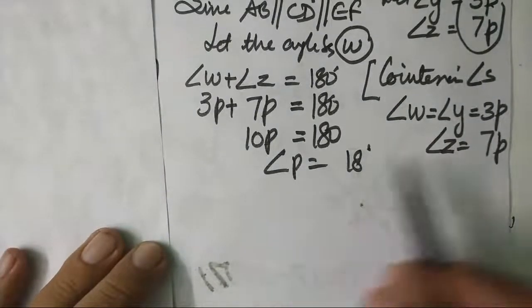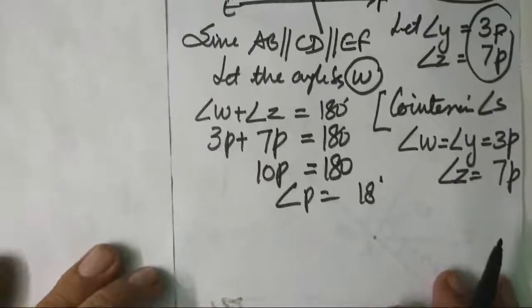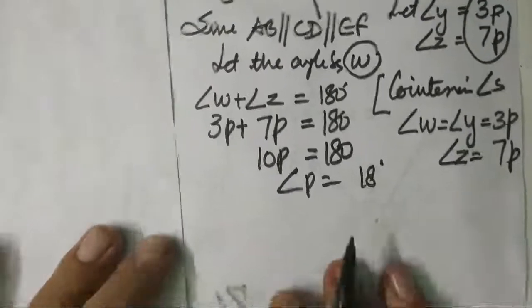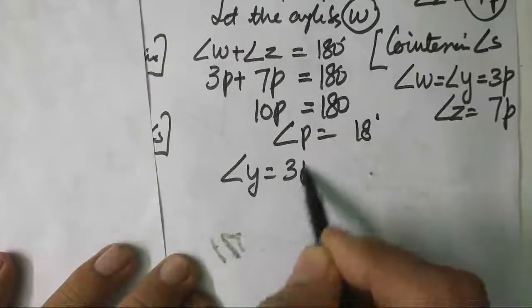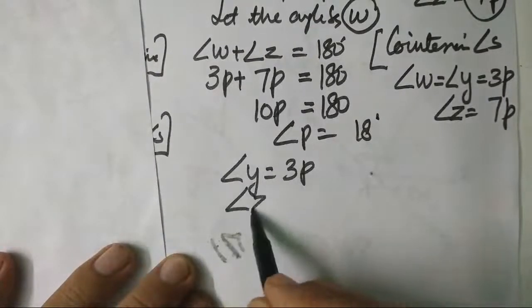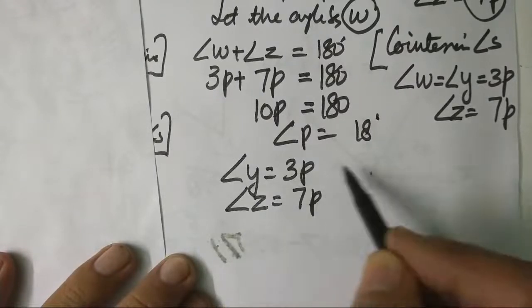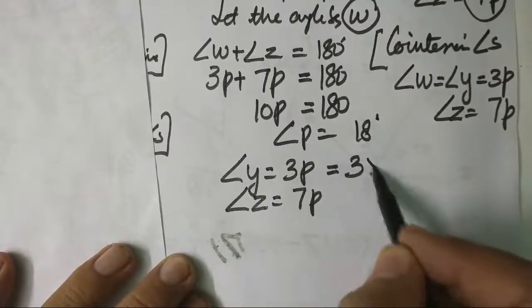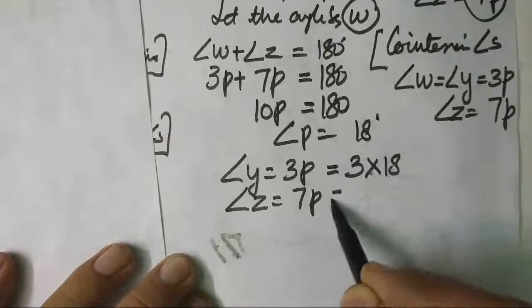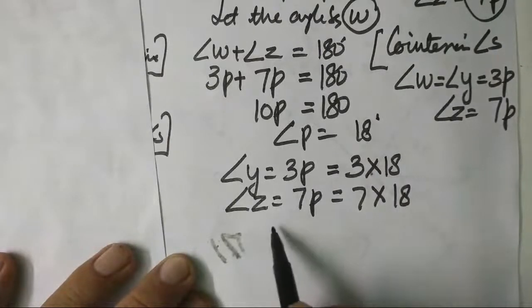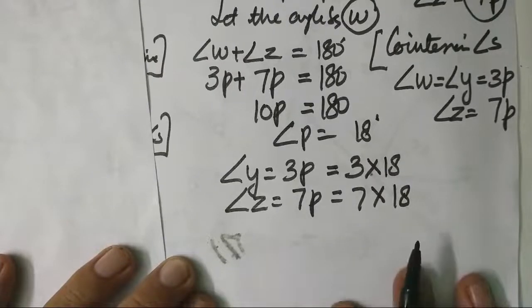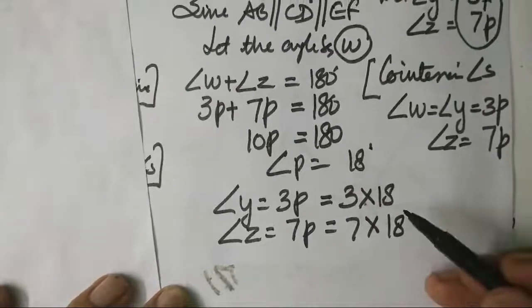So P comes 18. If P comes 18, then I can say that angle Y is equal to 3p, angle Z is equal to 7p, where I will put the value of P as 18. 7p will become 7 into 18, and angle X we will find after this.